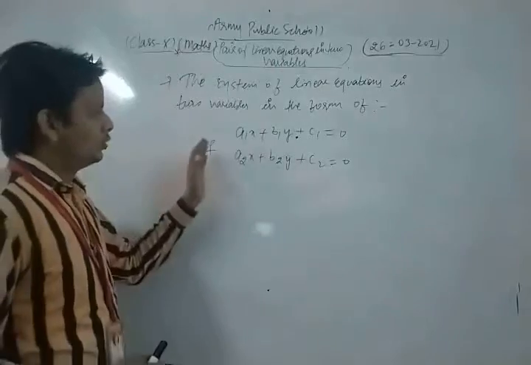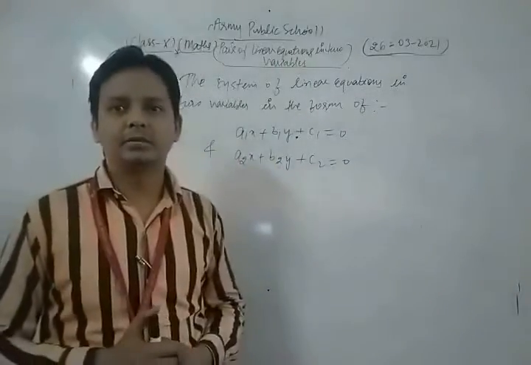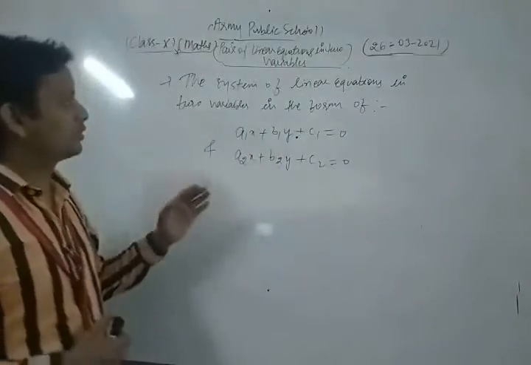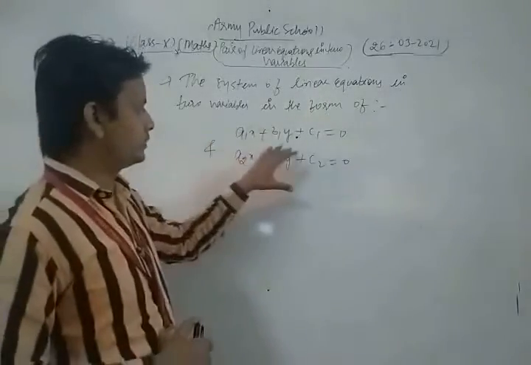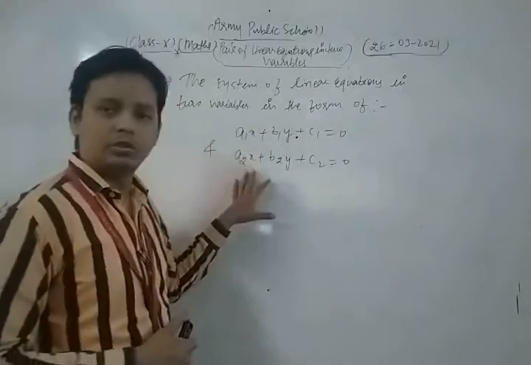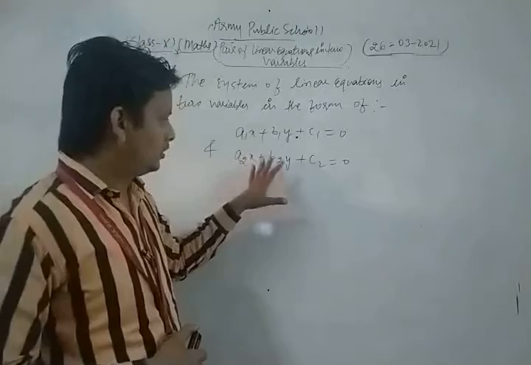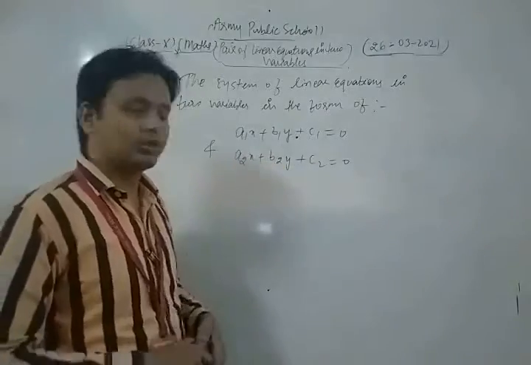So in this chapter we discuss the system of a pair of linear equations in two variables, which is of the form a1x plus b1y plus c1 equal to 0 and a2x plus b2y plus c2 equal to 0.